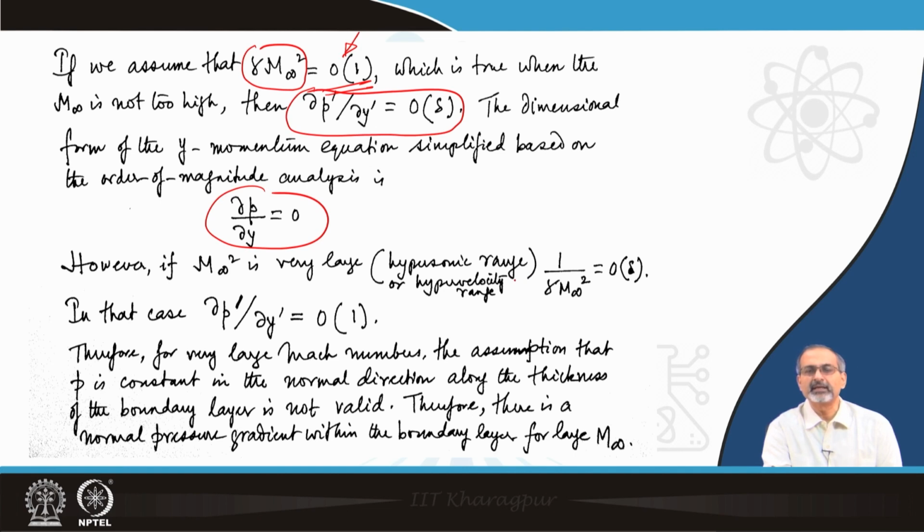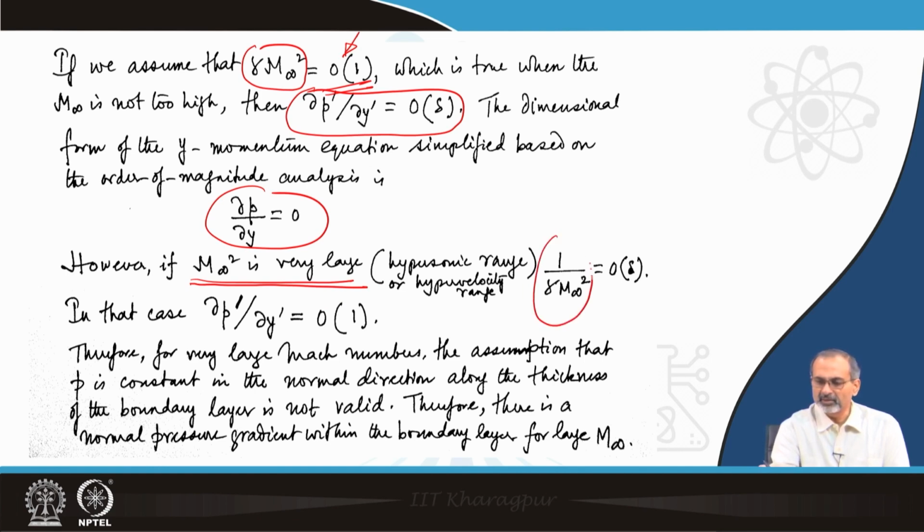We saw this happening even in the incompressible boundary layer theory. However, if M infinity square is very large, and that can happen in the hypersonic range or hypervelocity range, then the 1 by gamma M infinity square will no longer be of order 1, but will be of order delta, in which case the pressure gradient term can become order 1.